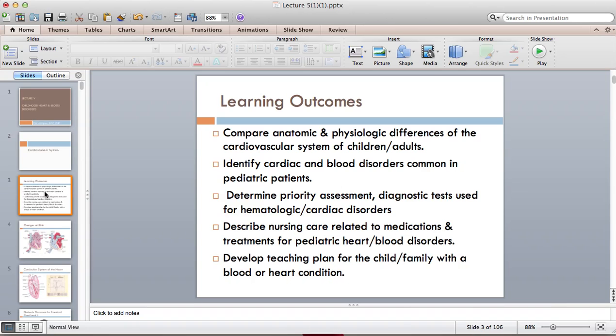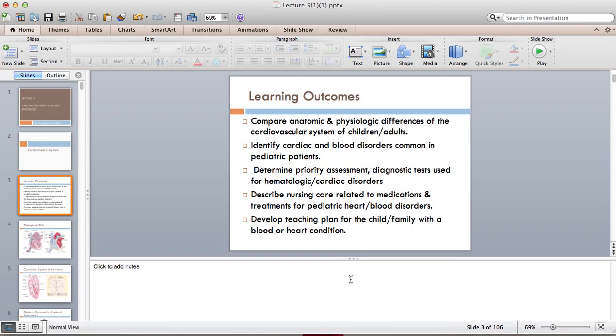So we'll also have to identify some of the common cardiac and hematologic disorders, blood and heart disorders that are common in children.